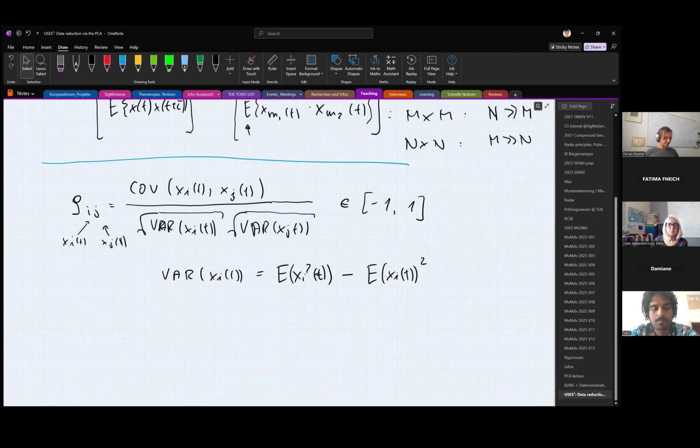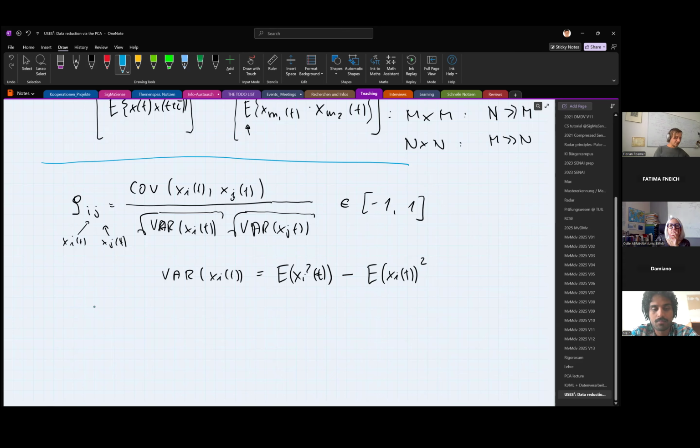So what it means for us is that it's much easier to compute this variance if we center the data before. And once we center the data, it's much easier to compute the covariance as well, because now the covariance, once we centered, is just the expectation of one times the other. And we can simply normalize by the second moment. This is typically what we do as a pre-processing step in PCA and what everybody recommends.